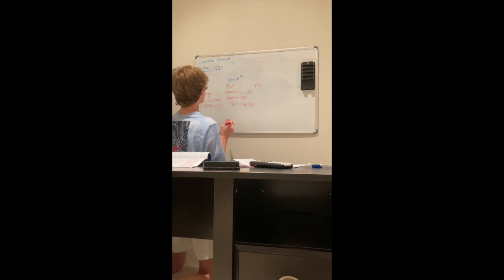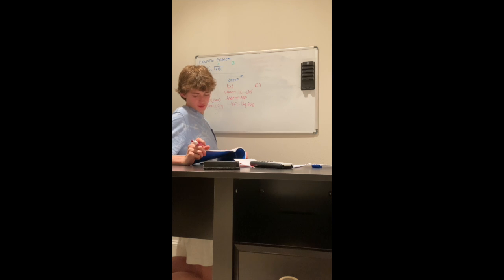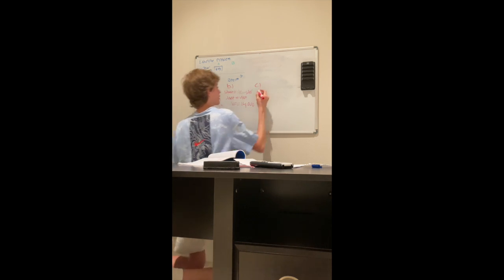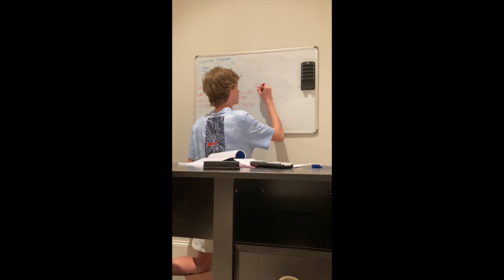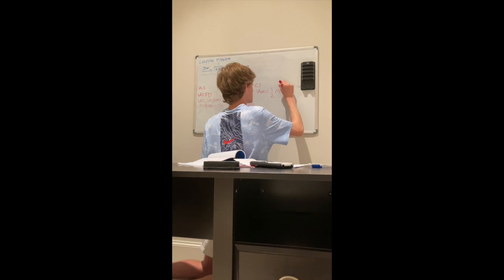So for part C, we want to find, what was the question for part C? Oh yeah, the velocity, how fast it's moving. For final kinetic energy, we can use our expression 1/2 mass velocity squared.